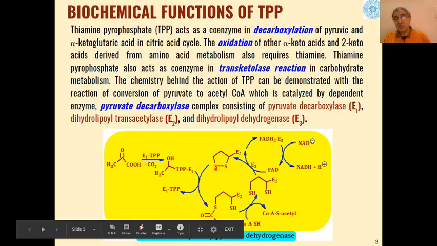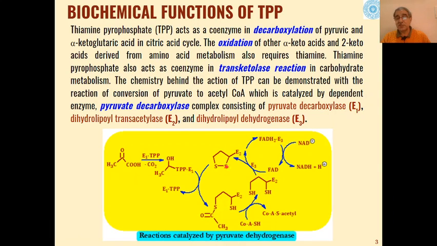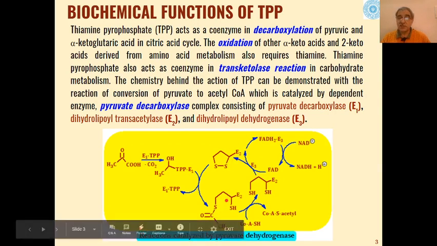So the acetyl group is transferred from this to this substrate, and we will get this type of intermediate. And then, in the presence of coenzyme A, this acetyl group will be transferred to coenzyme A. We will get acetyl coenzyme A, and these dithiols will be formed.